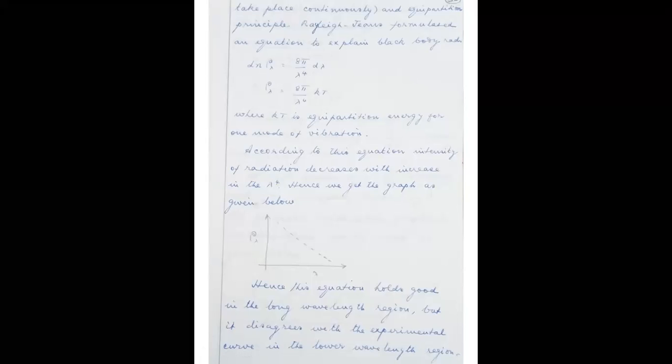In that gap, what is the number of vibrators vibrating? Say, for example, d lambda is 1000 meter to 1100 meter. In that gap, what is the dn? The number of vibrators. And the remaining part is the intensity, lambda power 4.